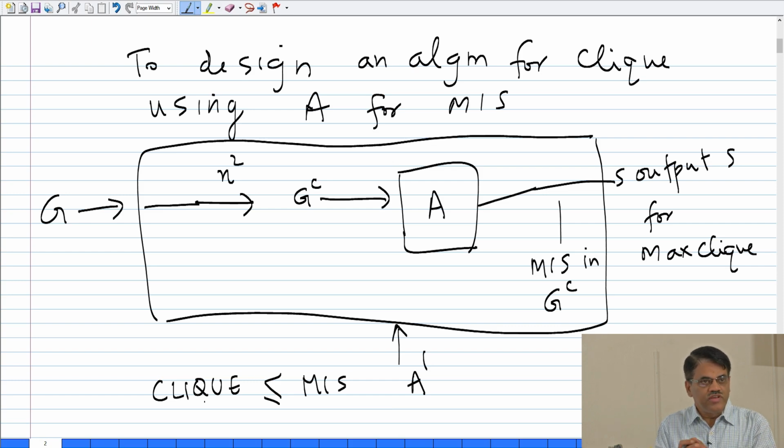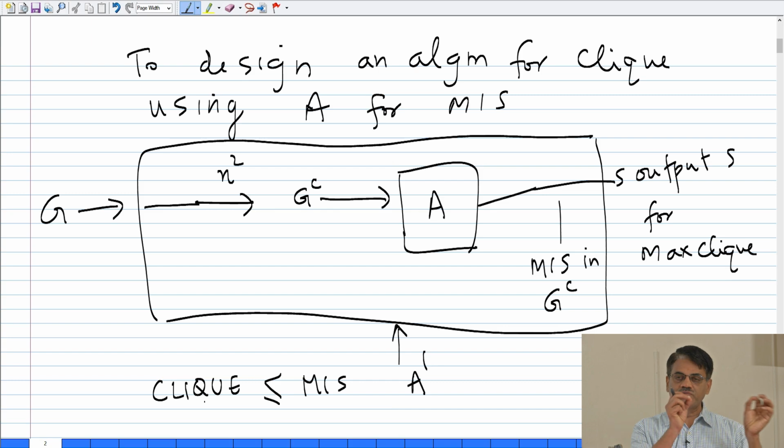This is not new, we have seen this. Where have you seen this? We have used network flows to solve the maximum collection of edge disjoint paths. Here you have a graph in which you want to find a maximum collection of edge disjoint paths between S and T, and you want to design an algorithm for it. What did we do?